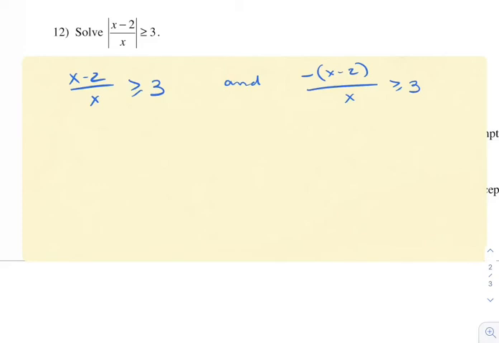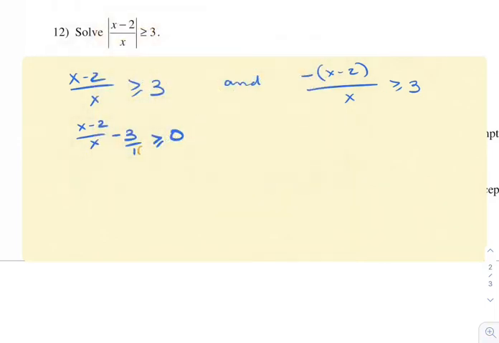So what we're going to do is solve these. For the first one, actually for both of them, I can't just multiply both sides by x because x may be a negative number and I would have to flip that sign. So what I'm going to have to do is bring 3 over to the other side, and I have to incorporate it with the like term.